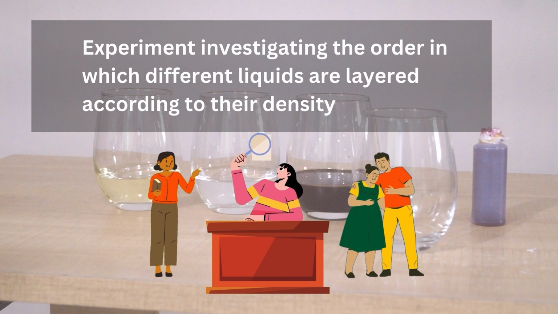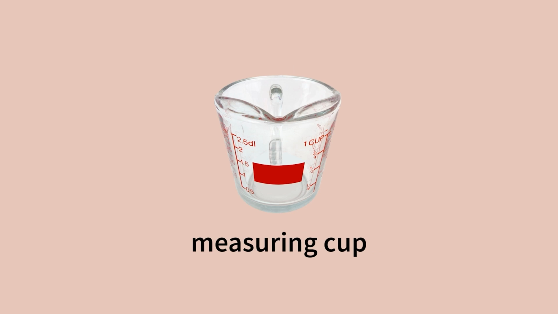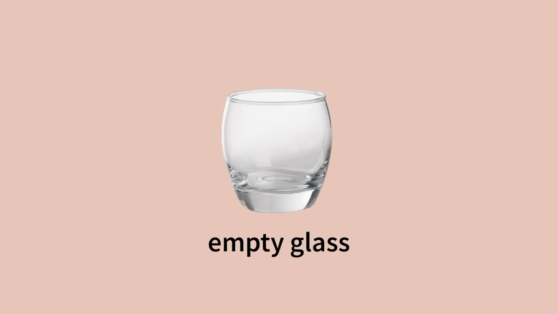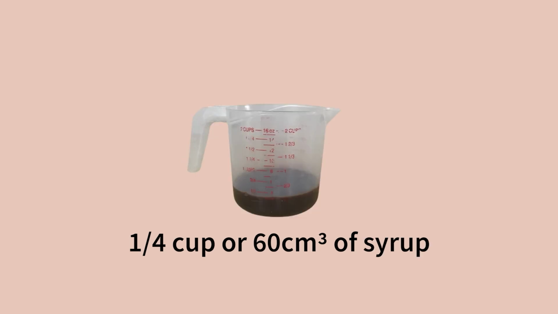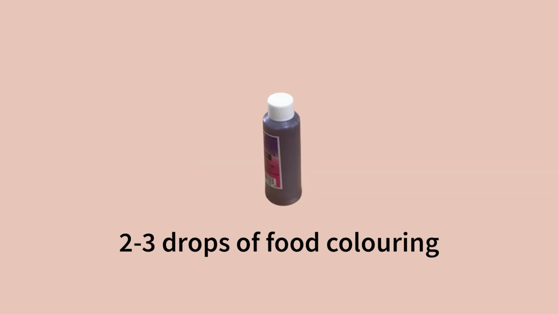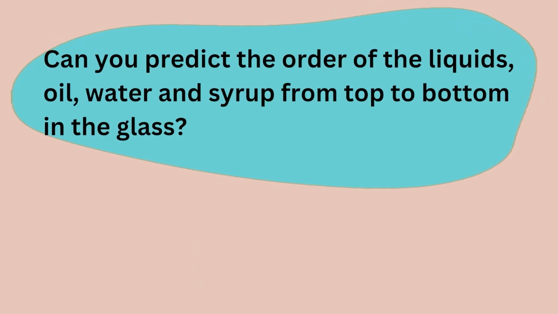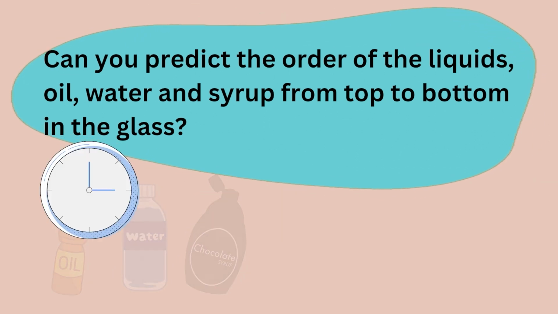For this experiment, you will need a measuring cylinder or a measuring cup if you don't have a measuring cylinder available, an empty glass, a quarter cup or 60 cubic centimeters of water, a quarter cup or 60 cubic centimeters of syrup, a quarter cup or 60 cubic centimeters of cooking oil, and 2 to 3 drops of food coloring. Before we pour the liquids in the glass, can you predict the order of the liquids, oil, water, and syrup from top to bottom in the glass?